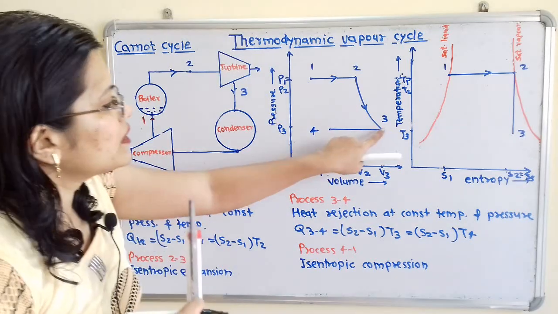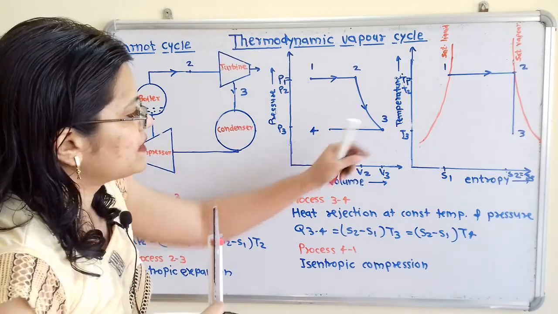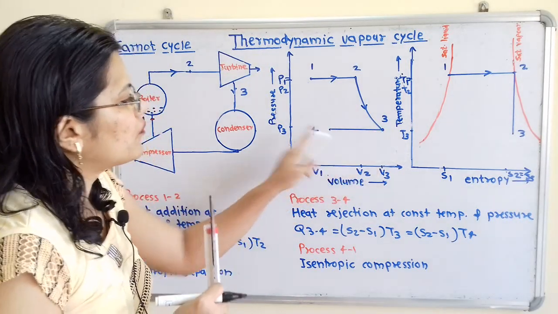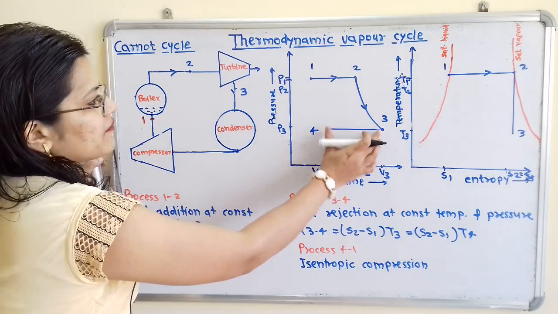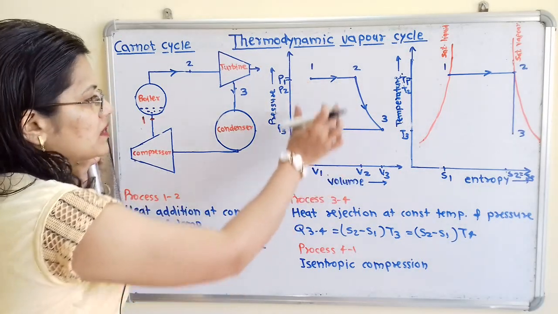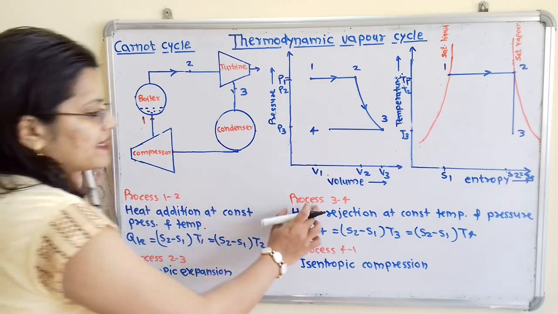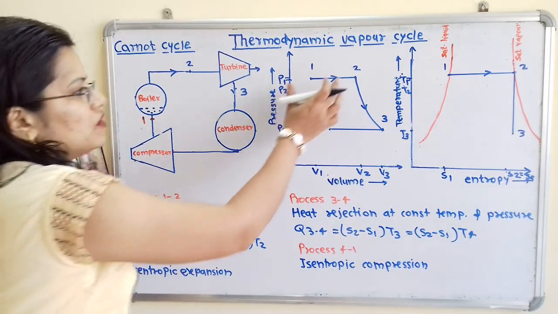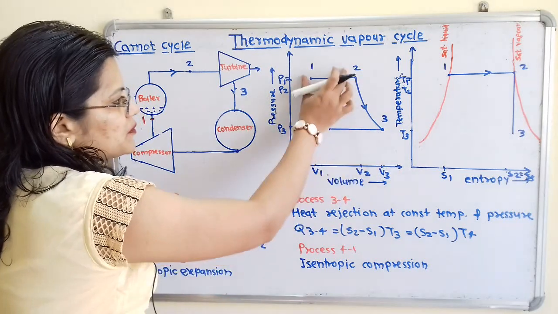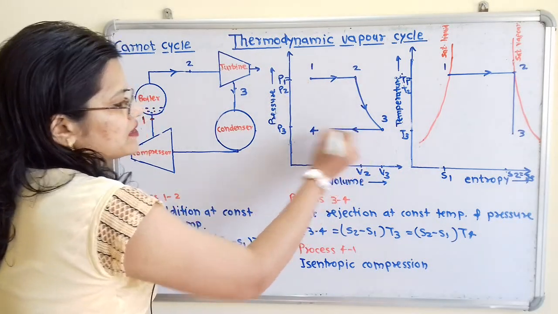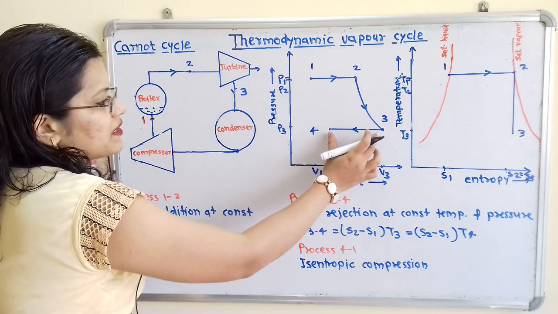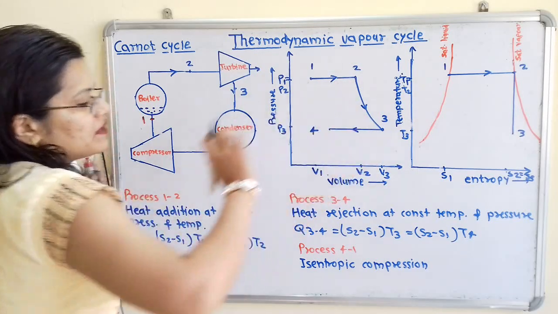Now when we select here the length of this 3 to 4, we have to keep this equal length as 1 to 2, because if we observe during the process 1 to 2 heat addition, and here is the heat rejection. So these are the opposite process.